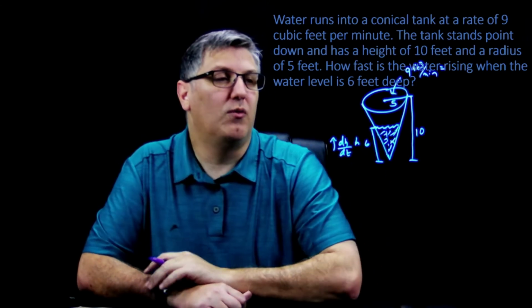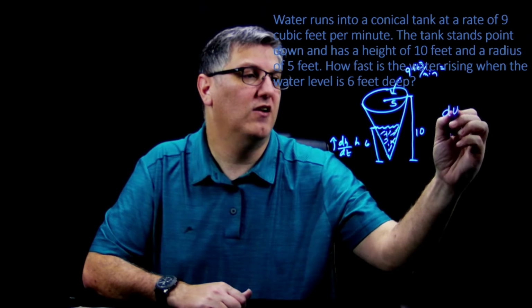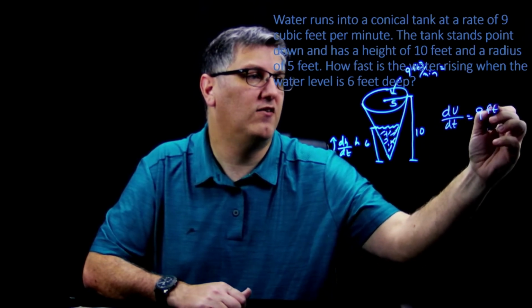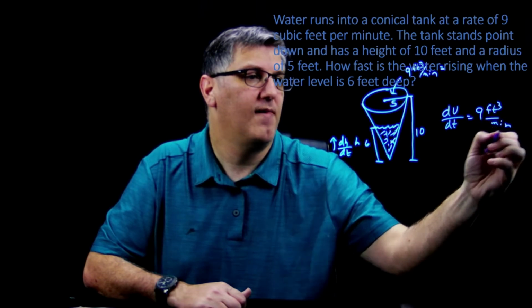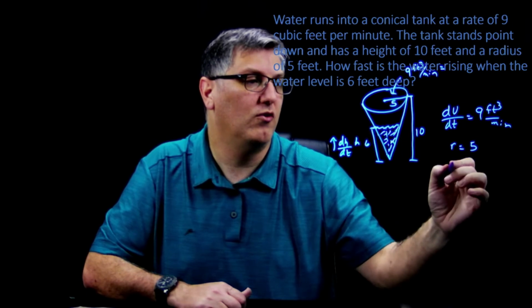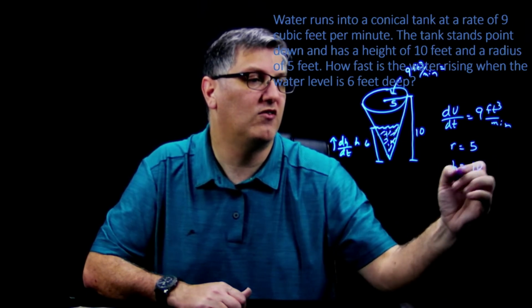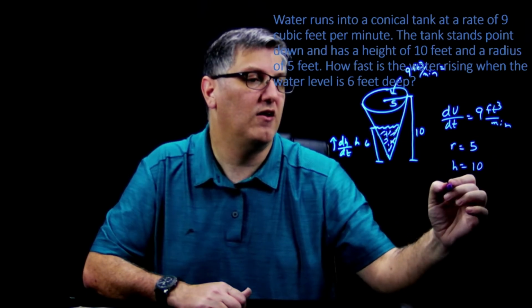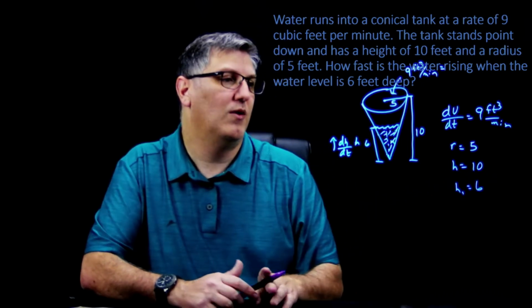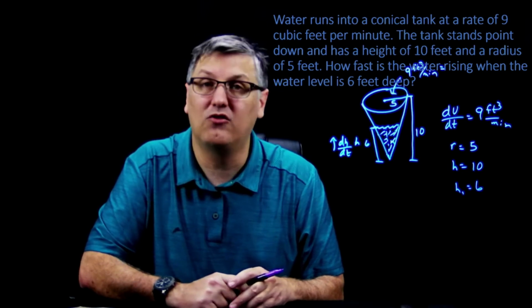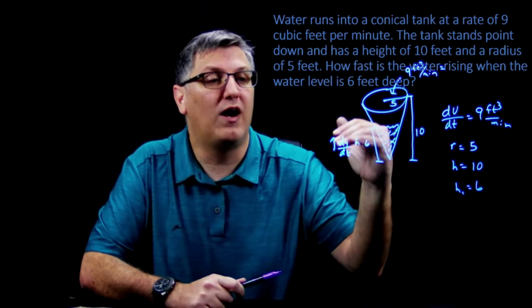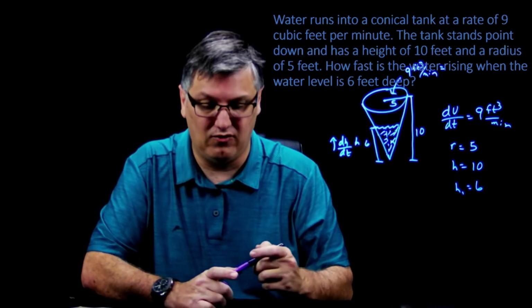So we have dV/dt at 9 cubic feet per minute. We know the radius of the actual cone is 5, the entire height of the cone is 10, and this other height, I'll call it h sub 1, is going to be 6. That's all the information we really need to figure out how fast the water is rising when it is 6 feet high in the cone.